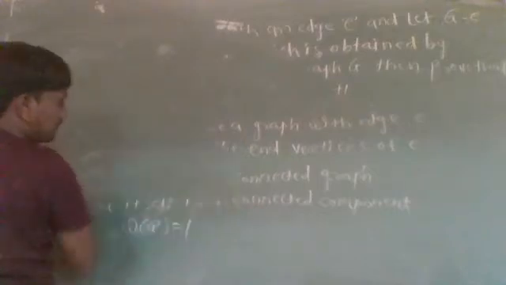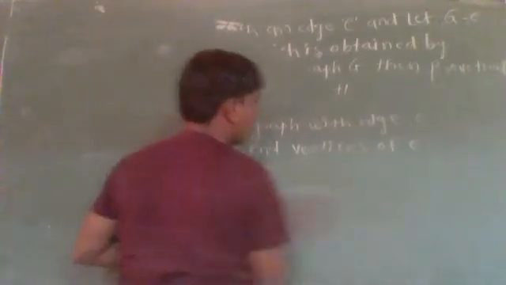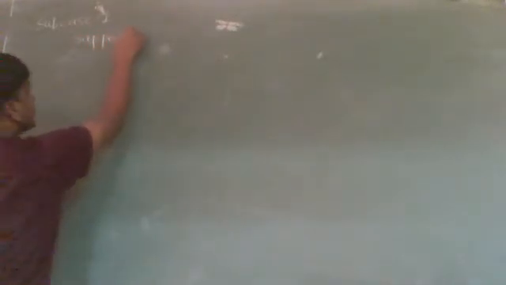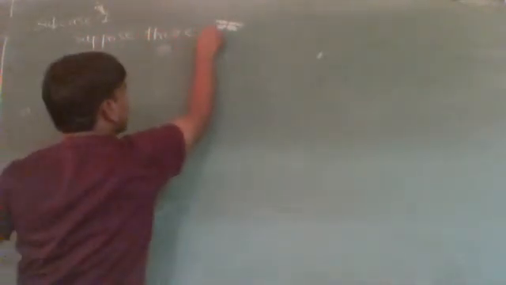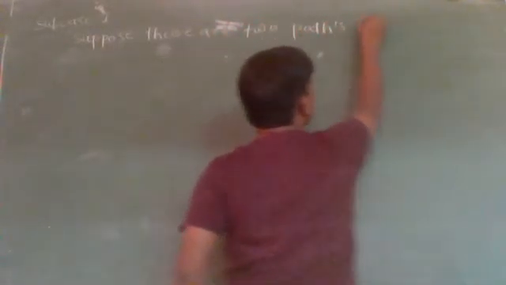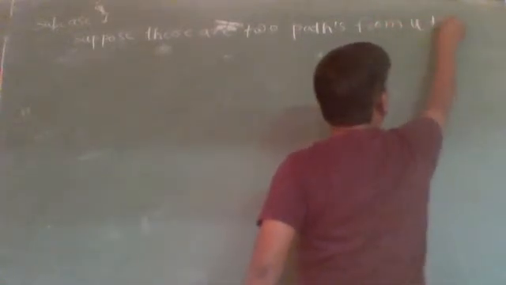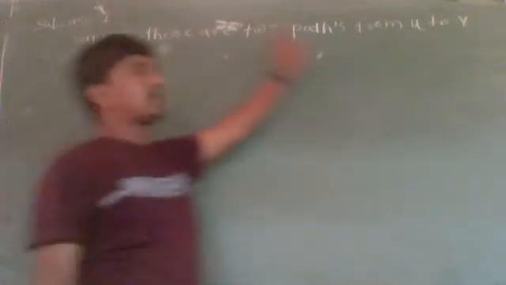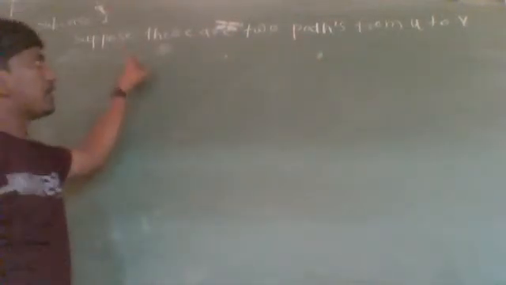Either from vertex U to V there is only one edge E, or if there is a cycle in the graph G, then there are two paths from vertex U to V. So in sub case 1, suppose there are two paths from vertex U to vertex V. As G is a connected graph, maybe there is a cycle in graph G. As there is a cycle in graph G, there are two paths from U to V.